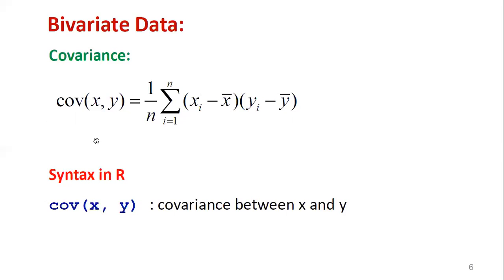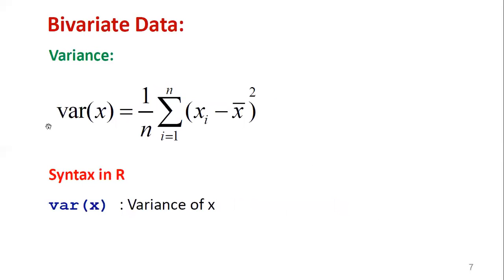The syntax in R for the covariance is COV within parentheses x comma y, which gives the covariance between x and y. This is the first bivariate data measure, covariance.